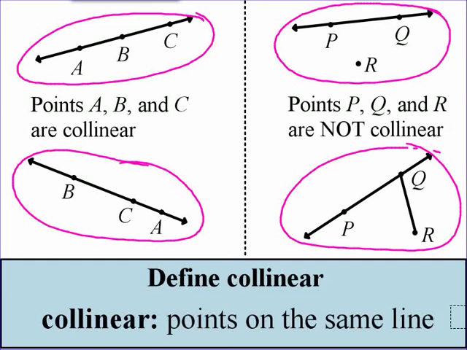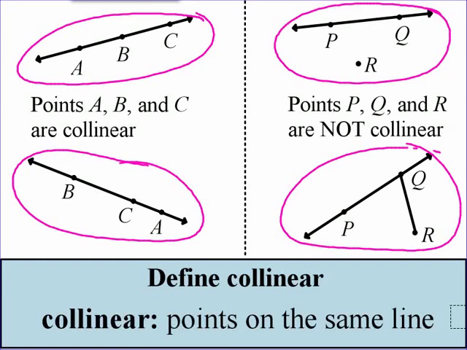And that means they share the captain duties. So co means share. Linear means line. So share line. So points on the same line. Points that share the same line. That's what collinear means. Points on the same line.